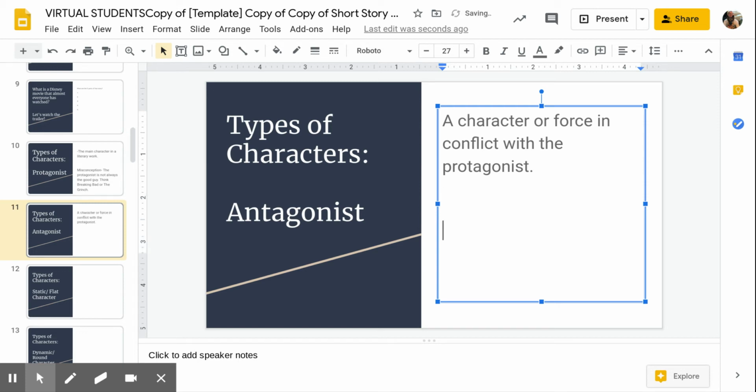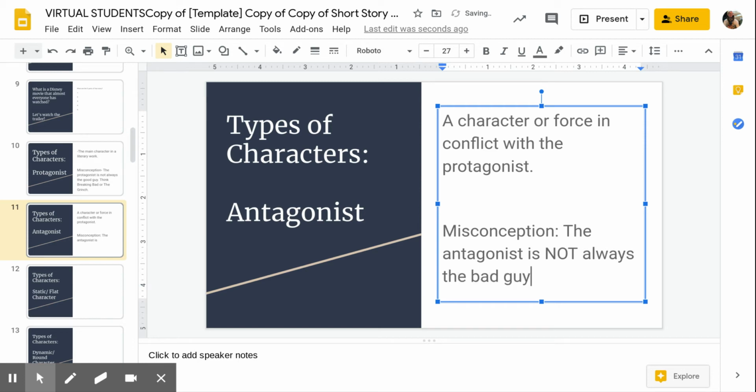And a common misconception here, I'm sure y'all can guess: the antagonist is not always the bad guy. Like I said, about 95% of the time this is the case, but not always.